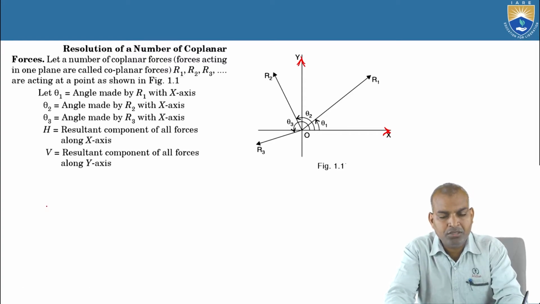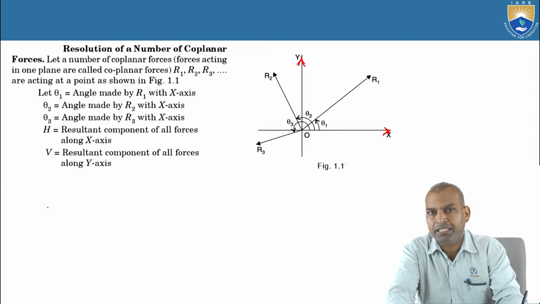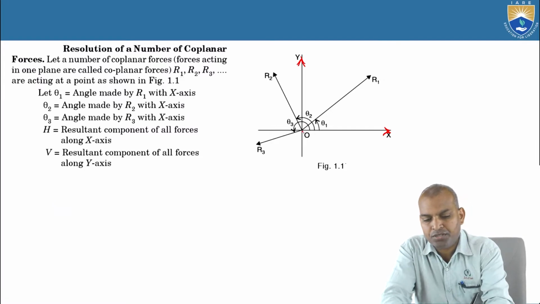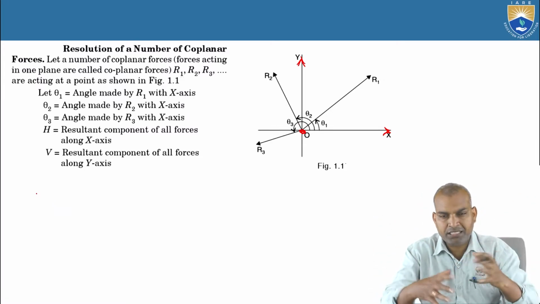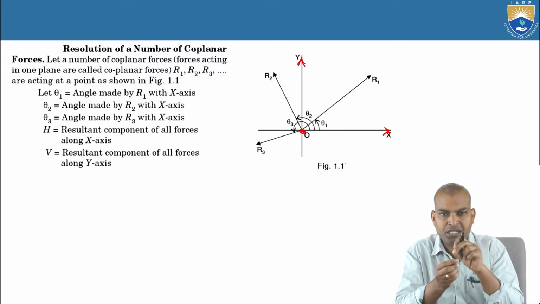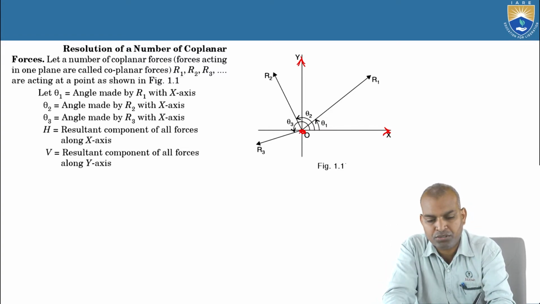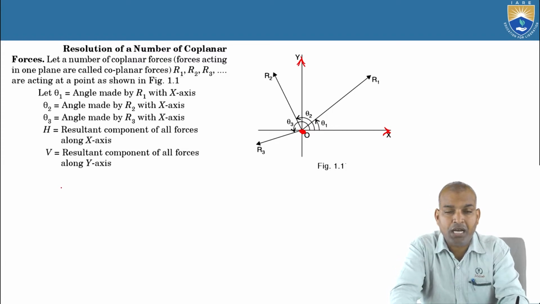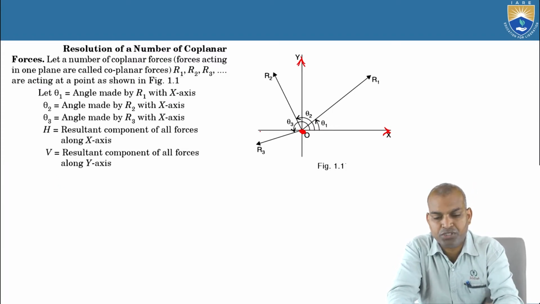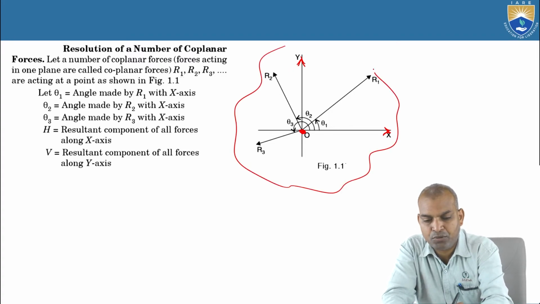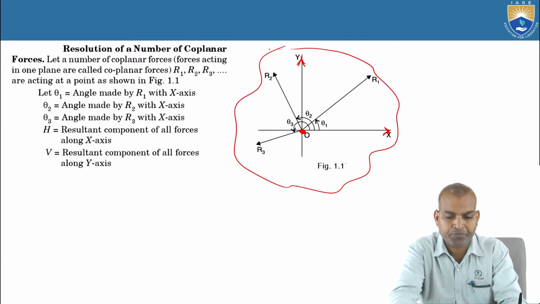On that single plane, all forces R1, R2, R3 are acting at one point O. Forces meeting at one point O are known as concurrent. This figure represents the coplanar concurrent forces.